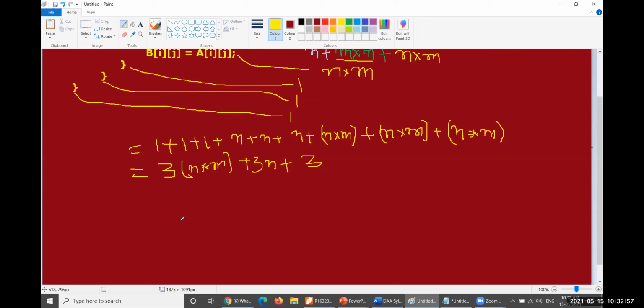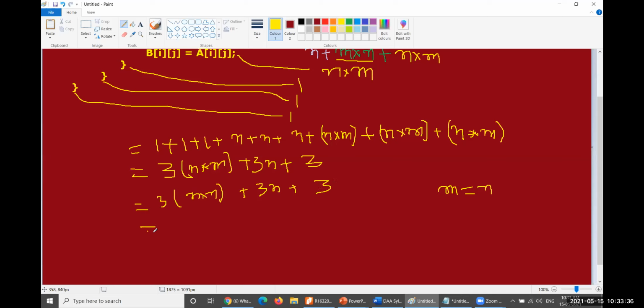And if you calculate this where n is equal to m, for example, this equality can be taken into consideration. So m equal to n. Then n into n plus 3n plus 3.